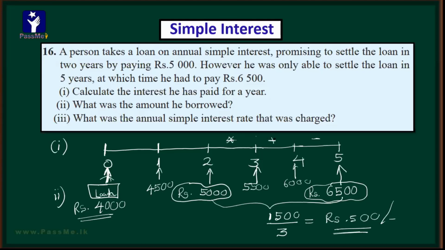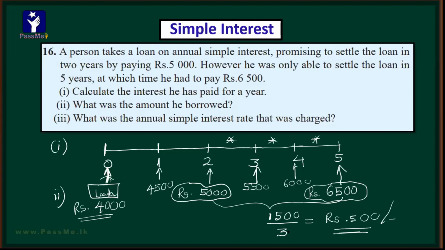This is the first year, this is the second year, this is the third year. After the third year, that means altogether 5 years, at the end of the 5 years he needs to pay 6,500. So by subtracting this value from this value, you can find 1,500 as an additional amount, which is calculated by extending the time by 1 year, 2 years, 3 years.